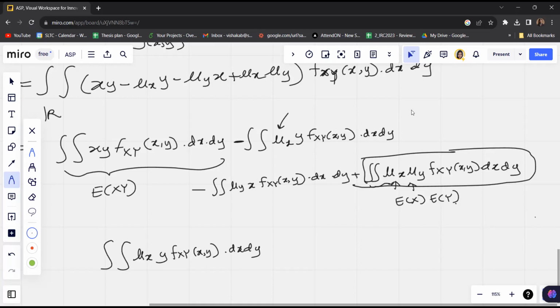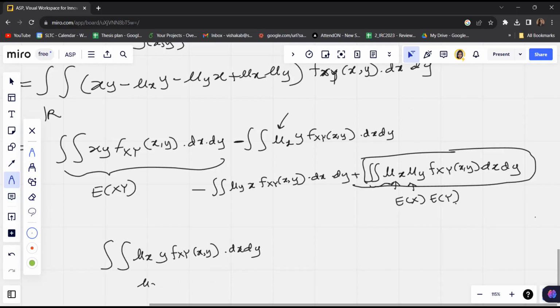Integration with respect to x first I will consider, and if that is the case, then all the y variables will be considered constant, right? In that case, I will be able to take mu x out because it is a constant, and I will be left with y f(x,y) xy. If I'm taking the integration with respect to x, then the y value will be a constant, and dy also I will consider as a constant.